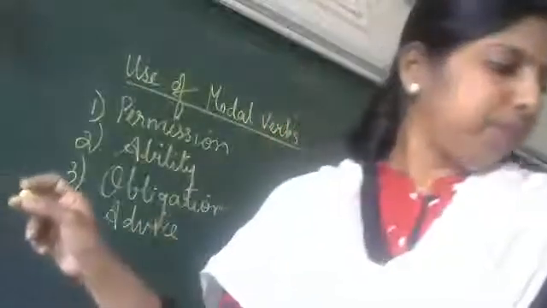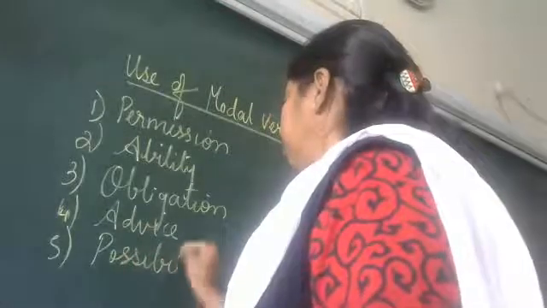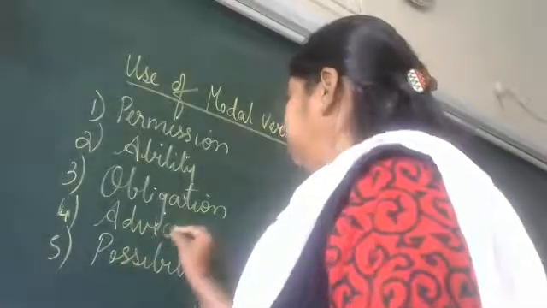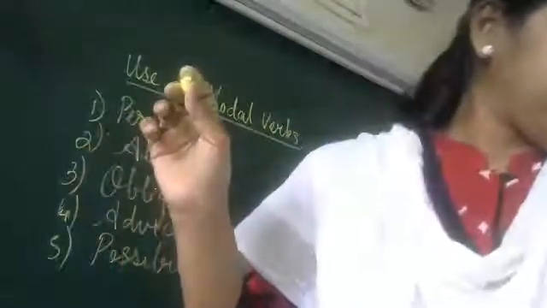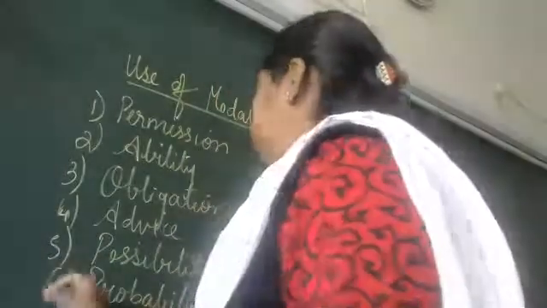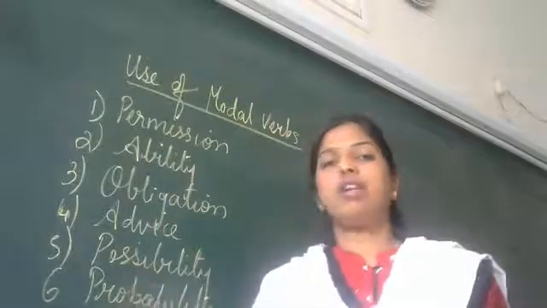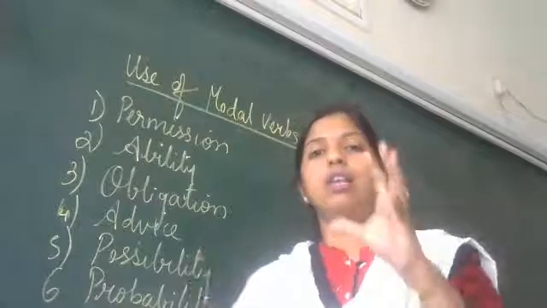Fifth is possibility, or probability. Okay, now what are these? According to these, we will be using the modal verbs.